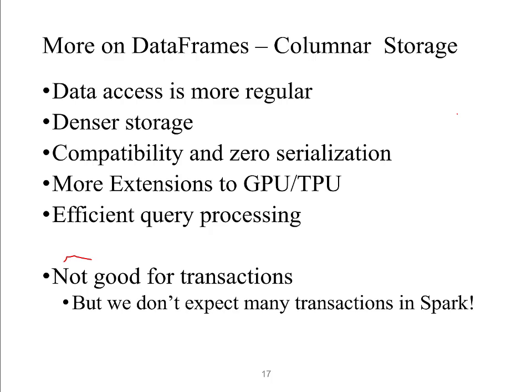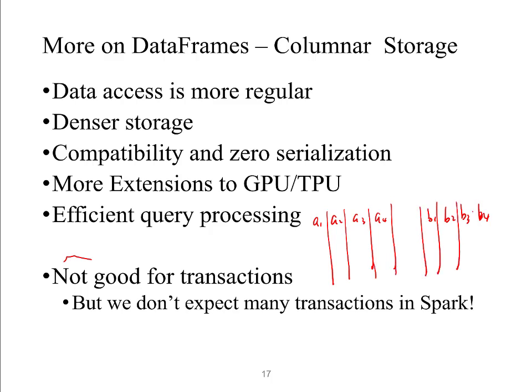The next one is efficient query processing. For example, we have 2 tables where each table has different columns or different attributes. If we use columnar storage, then each column would be stored together. But if we use row-based storage, and let's say we want to do a join of A4 and B4, then we need to get data.